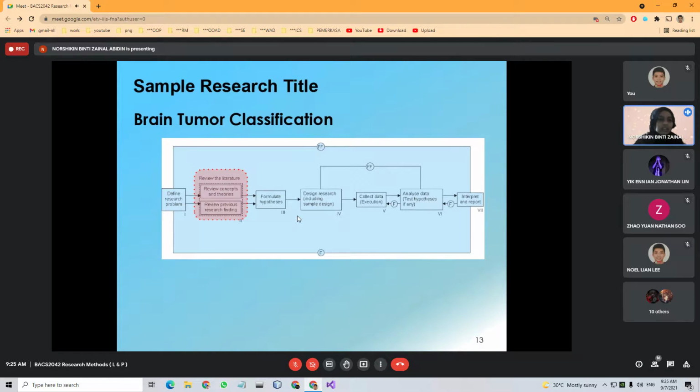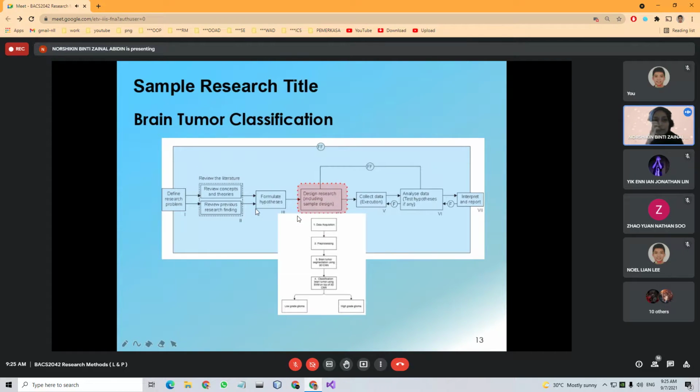And after they identify it, again, they do the LR. In this research, in the LR they will study or read papers or any sources regarding the brain tumor or anything related to this title, which is brain tumor classification. They will study the papers, and then come out with a hypothesis from this LR, and then they will design the research.